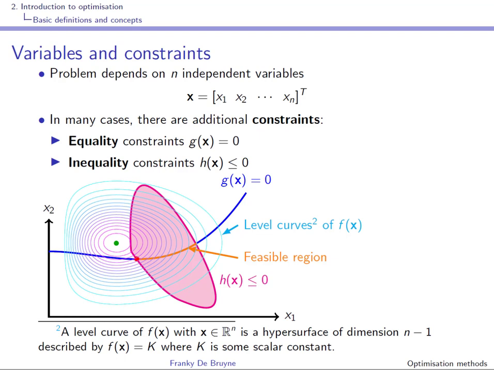And as you can see, again we have yet another solution to the constrained optimization problem, and again it is different to the unconstrained solution. Note that in this case the feasible region S is the set of all x such that g of x is equal to 0 and h of x is smaller or equal to 0.